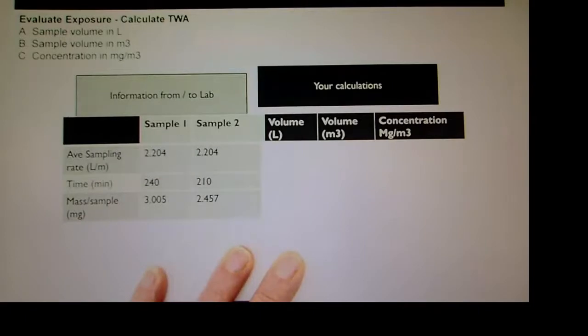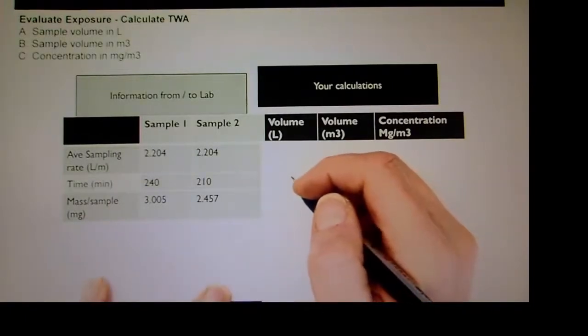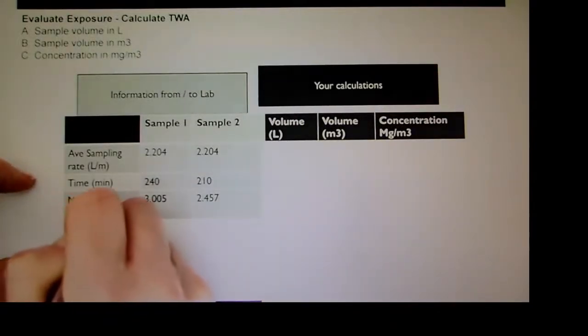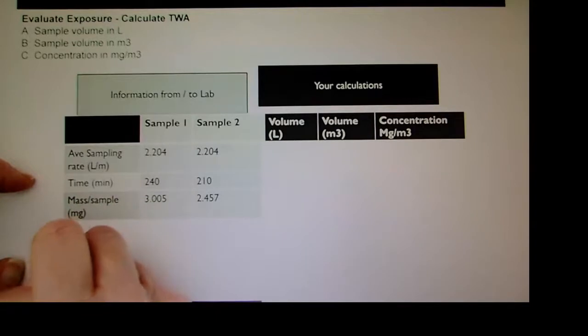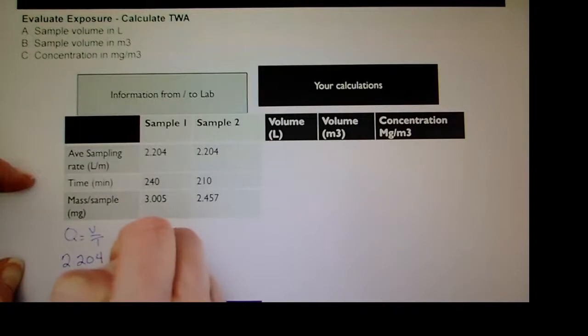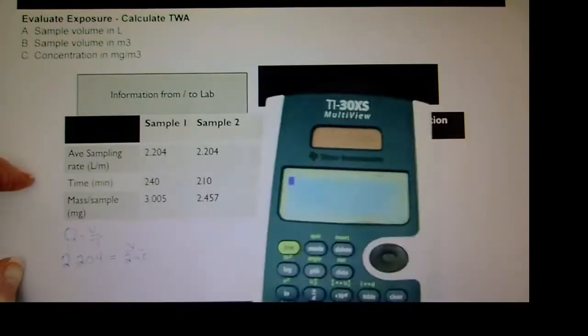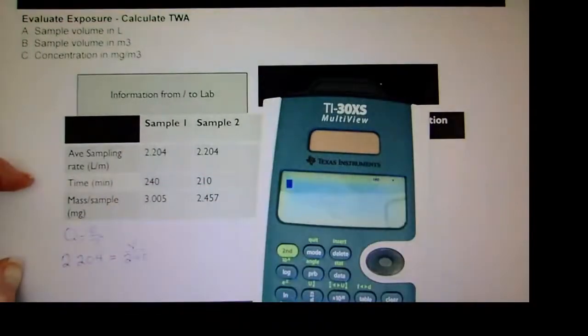So let's calculate our sample volume. We'll go back to the formula. So we got 2.204 for our sample volume. And I'm doing the first one. And now I'm going to go from liters to cubic meters.